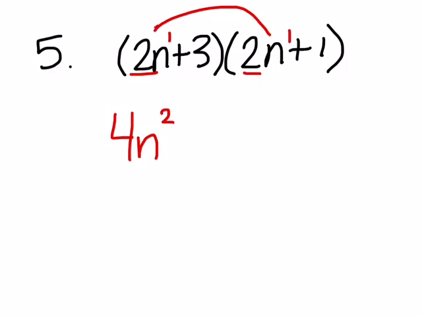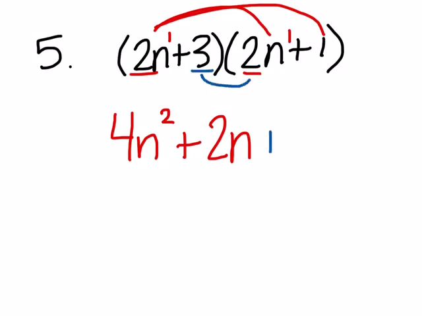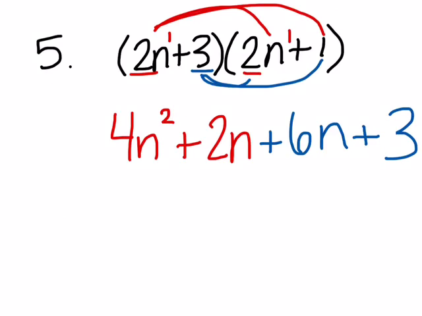And then take that 2n and multiply it with your 1. Then we're going to do the same thing with the 3. We're going to multiply it with 2n. That gives us 6n. And multiply it with the 1. 3 times 1 is 3.